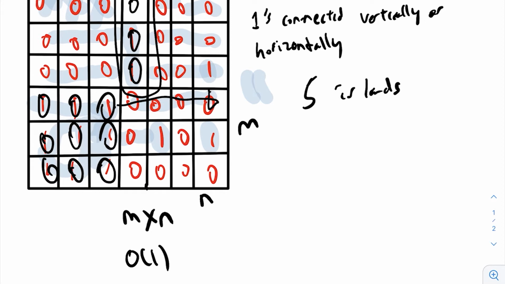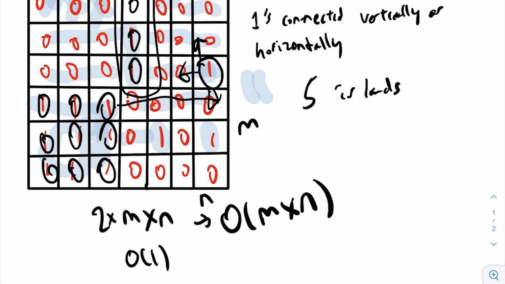At worst, if all of them are 1s, we have to traverse the entire matrix twice, because every time you hit a 1, you have to traverse the adjacent cells to see if they are also 1s. So at worst, I would say it's 2 x m x n, which just comes out to big O of m x n.